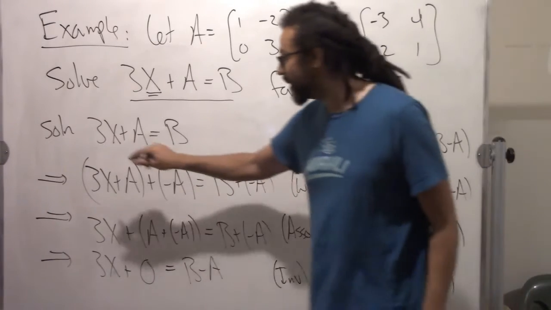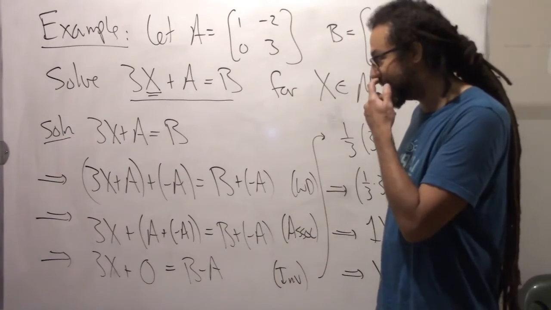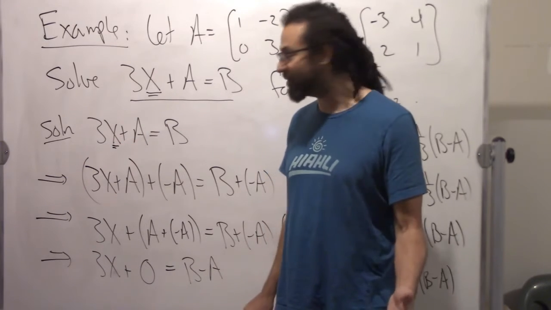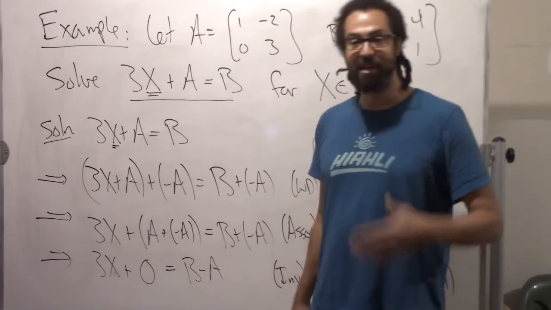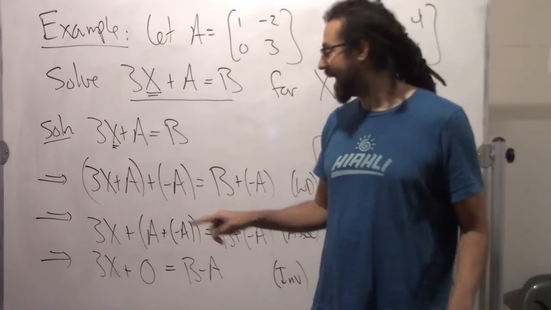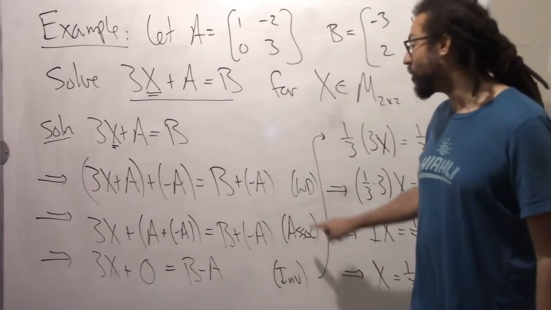So, here's how you're going to do this. Here's the equation: 3x plus A is equal to B. How do you normally solve for x? Like in high school, what did you do? Well, first thing you would do is subtract A from both sides. So technically, that's the same thing as adding the additive inverse of A to both sides. You are allowed to do that.